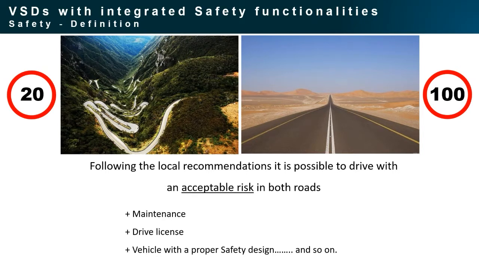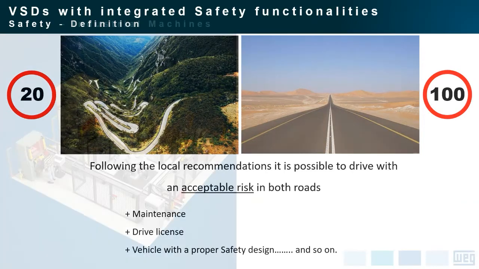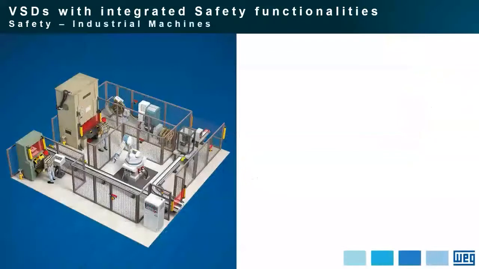If something goes wrong but you are driving safely, I'm sure that you will be safe. I'm sure that the airbag and safety belt will save your life. And what about this in industry? In industry, we also have several applications with different risk levels.